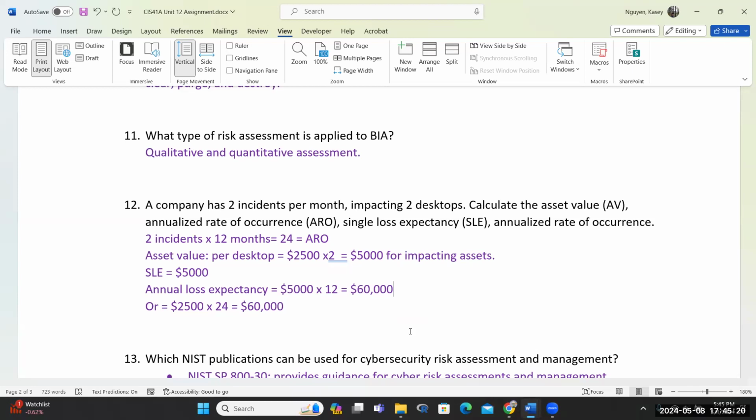So we need to know how to do this for the final. And there are several questions that would ask you to calculate something similar, not exactly the same question, to calculate the ALE, the ARO, the SLE, and so on.